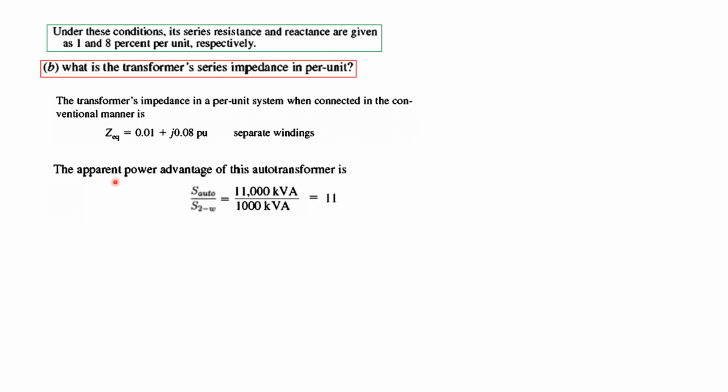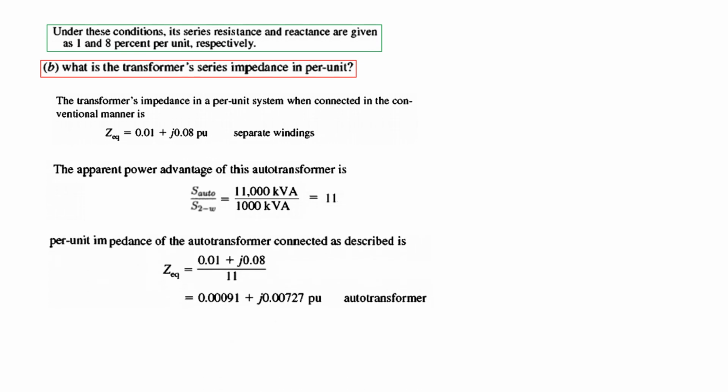And the auto transformer has the advantage of 11 times. This was the auto transformer power, this is the two-winding power, so 11 times power. So we can say that the impedance will reduce by 11 times because the power is increasing. So the new impedance of the auto transformer will be this impedance divided by the power advantage. So this is the equivalent impedance of the auto transformer.